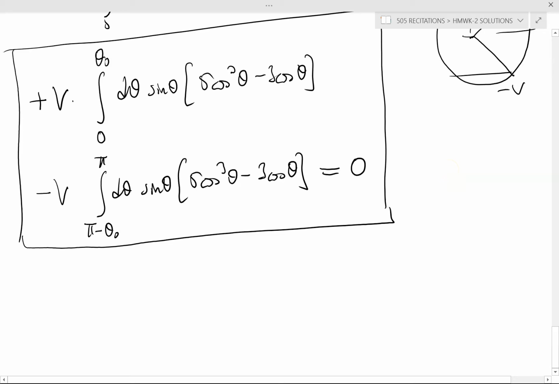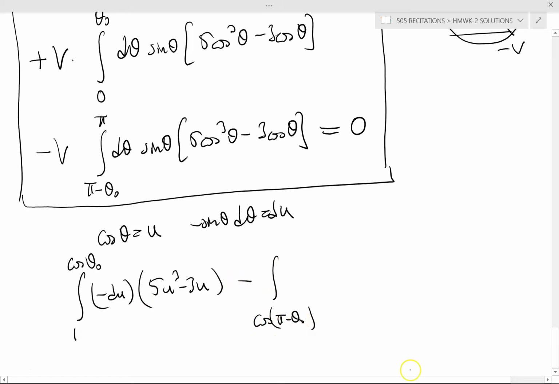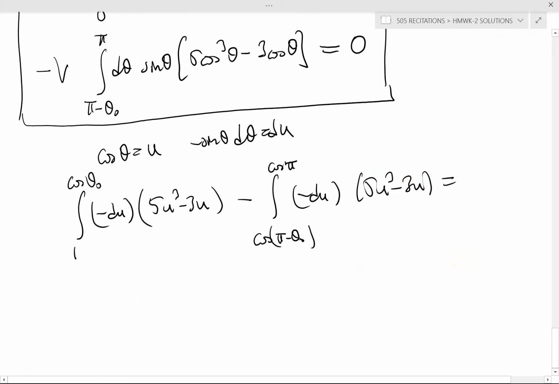And if you do this by substituting cosine theta equals u, minus sine theta d theta shall be equal to du, at the end you end up with the following: integral from 1 to cosine theta 0 of minus du (5u cubed minus 3u), minus integral from cosine of pi minus theta 0 to cosine pi of du (5u cubed minus 3u) must be equal to 0, which at the end gives us the following.